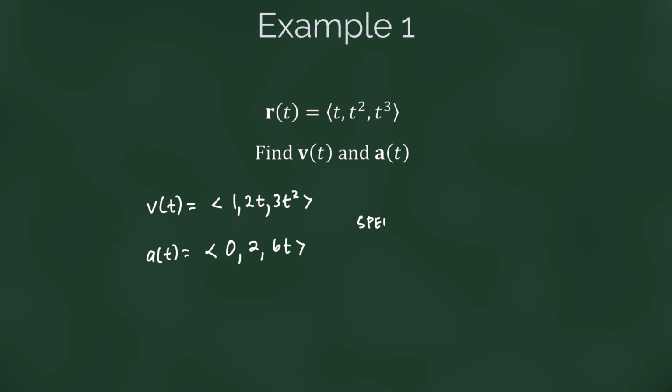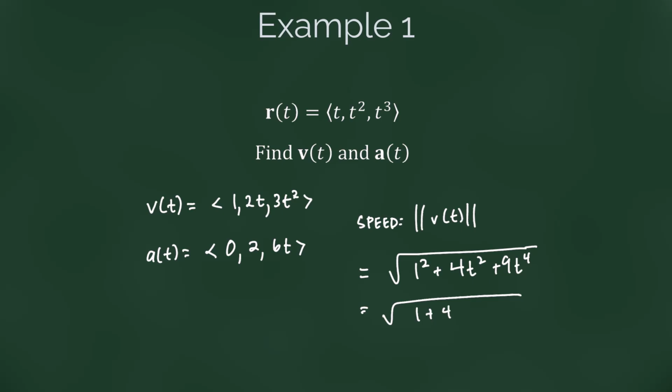If we wanted to, we could also calculate the speed, which is the magnitude of the velocity. So that's going to be the square root of 1 squared plus 4t squared plus 9t to the fourth. I don't need to write that one as squared. And that would allow us then to compute the velocity, acceleration, and speed of this object as it moves along the curve at any time t.